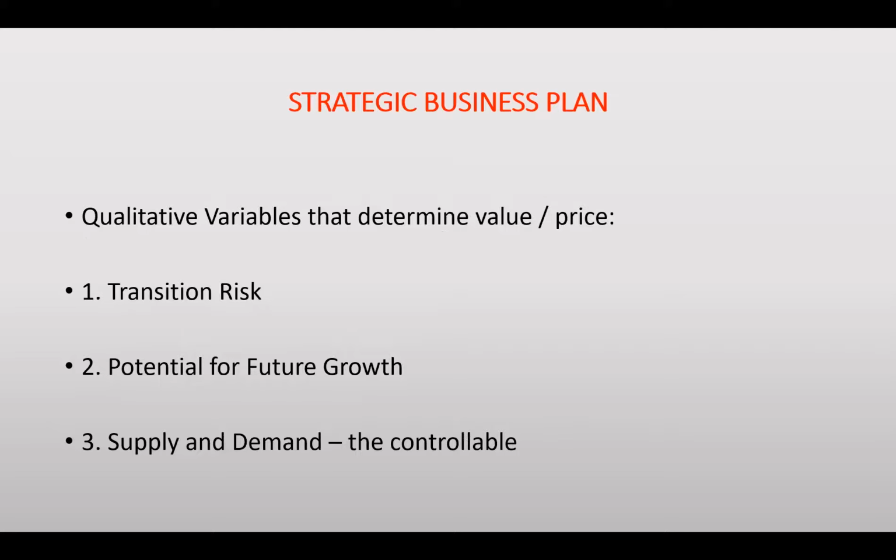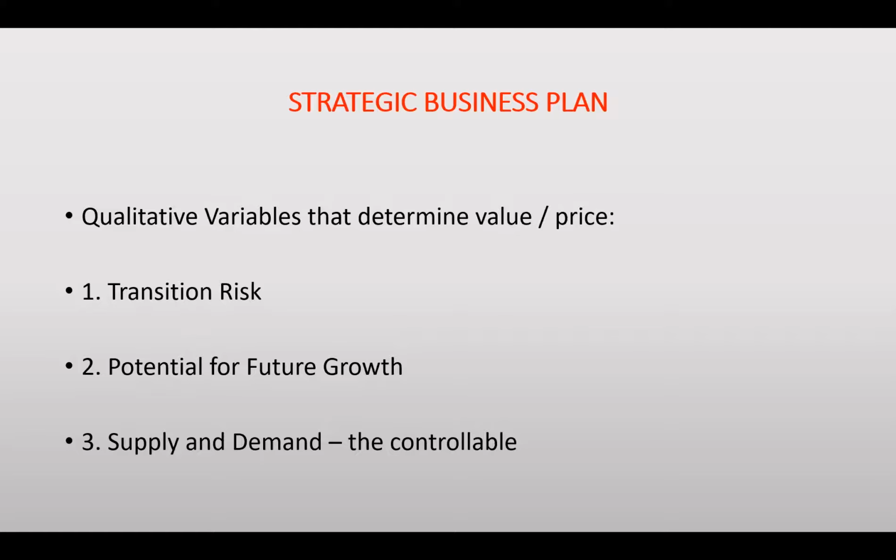As we get into this, there's one basic premise, and that is the variables that determine a valuation and or price are 3 things. Number 1, transition risk. How many clients are going to leave if the ownership changes? Number 2, is the business set up to have some potential for future growth?